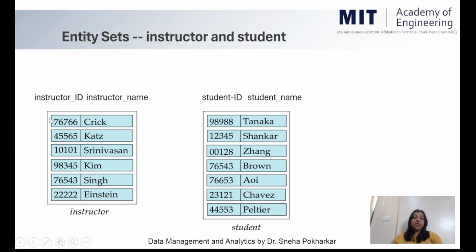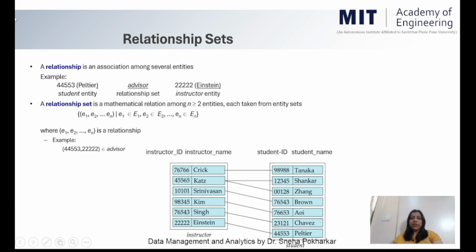See, from the instructor ID, we came to know that 76766 is the ID for instructor Crick, right? Then 10101 is for Professor Srinivasan, like this. Then if we talk about student ID, then 12345 is the ID of Shankar, who is taking the course of Srinivasan, in this way, right?